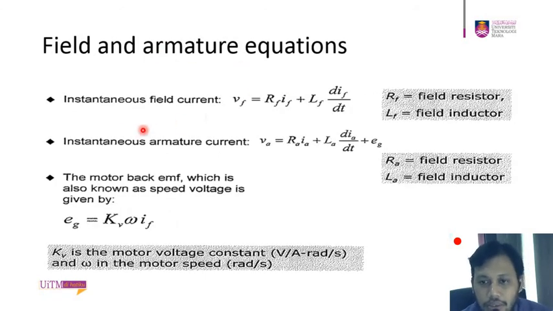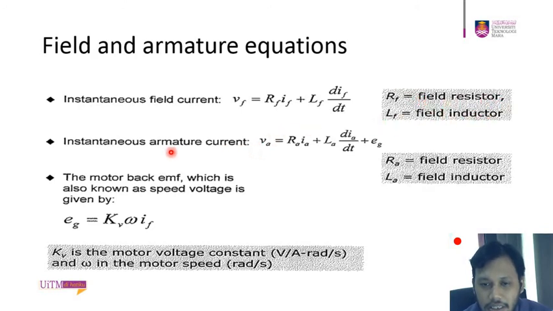Then we look into the instantaneous field current. VF, the field voltage, is equivalent to this equation, where RF is the field resistor and LF is the field inductor.